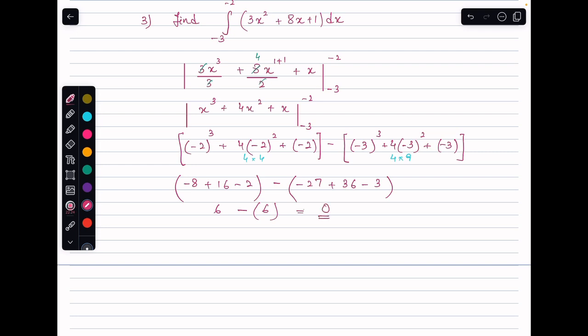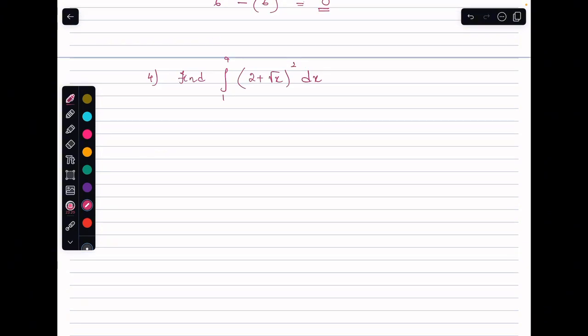Find the integral with lower limit 1 and upper limit 9 for 2 plus square root of x the whole square dx. So the first thing that I'm going to do here is to expand this with respect to a plus b the whole square, and we know a plus b the whole square is a square plus 2ab and then plus b square.